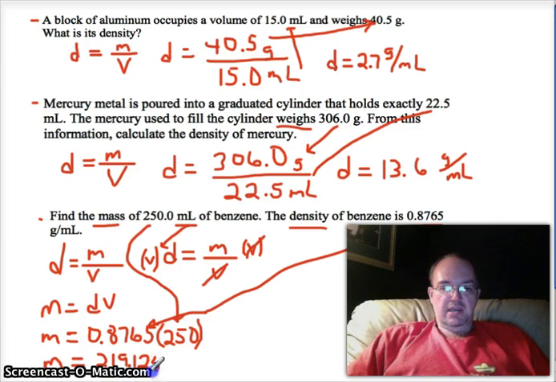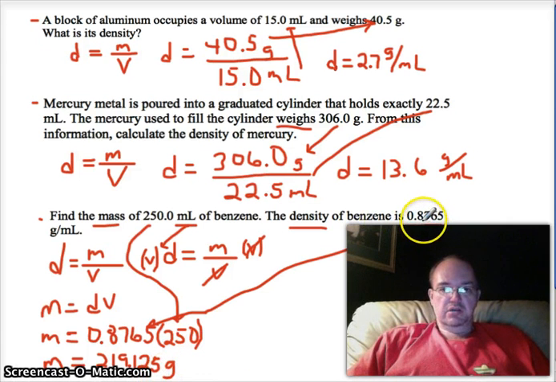Okay, and mass is calculated in grams. So we were able to calculate that. Benzene is 0.8765 dense, so that would be less dense than water, which would be less dense than this block of aluminum, which all would be way less dense than this mercury. Hope you've learned a little bit about how to do this, and we'll calculate some more in class.